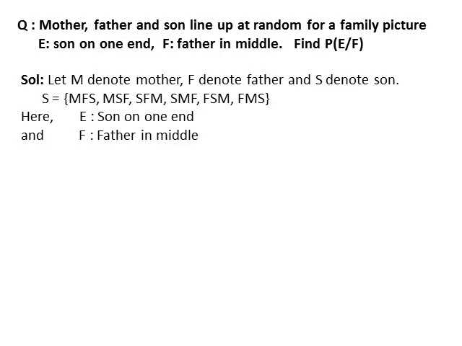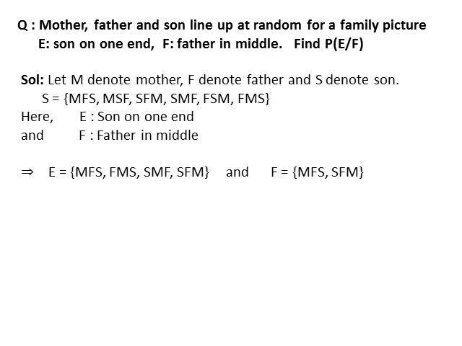As per event E, son is on one end. So, there are 4 outcomes in the sample space in which son is on one end. That is MFS, FMS, SFM, SMF. F is the event that father is in the middle.